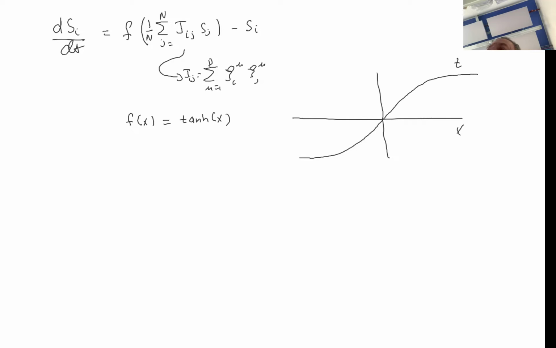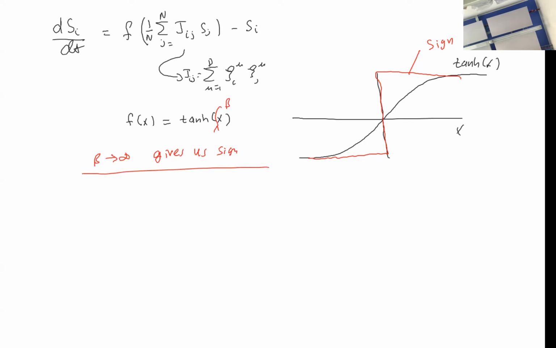That's very different from the sign function, which looks like this. Actually, what we're going to do is put in a beta here that controls the steepness. As beta goes to infinity, it gives us the sign function. But we won't take beta to infinity. We'll take it a little bit smaller.